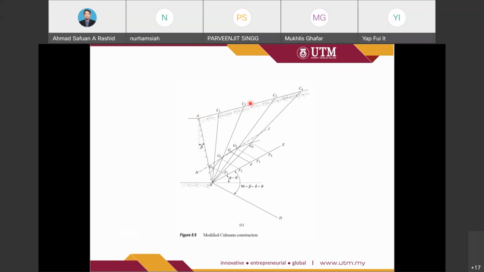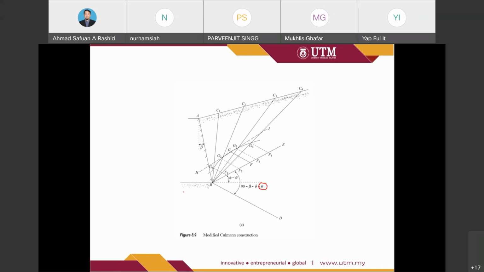And we should know what the I value is, or the I value will be provided. So it is the same procedure as Coleman. However, when we include the earthquake condition, we may introduce the theta.